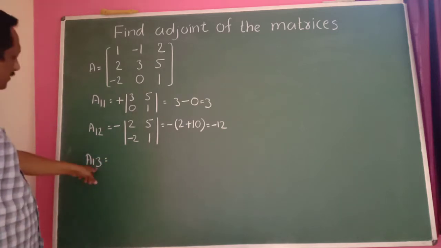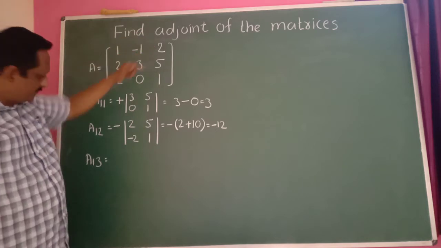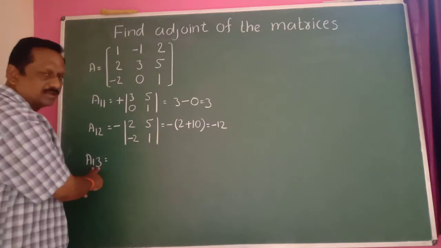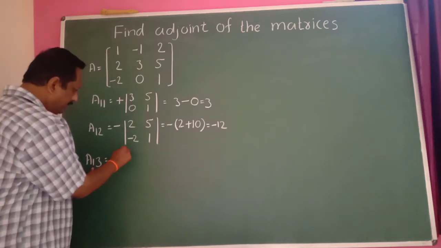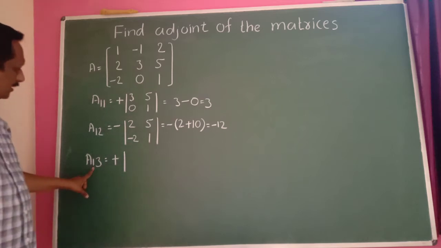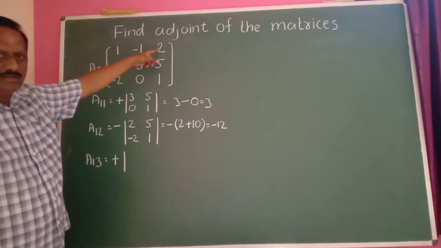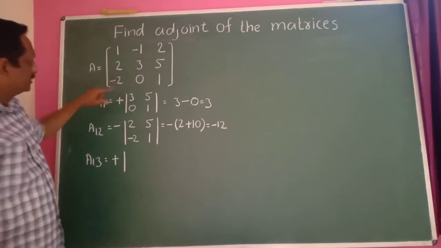Then A13 means the cofactor of this element. This is in the first row, third column. Therefore 1 plus 3 is 4, an even number, take a plus sign. Determinant, deleting the first row, third column. The remaining elements are 2, 3, minus 2, 0.